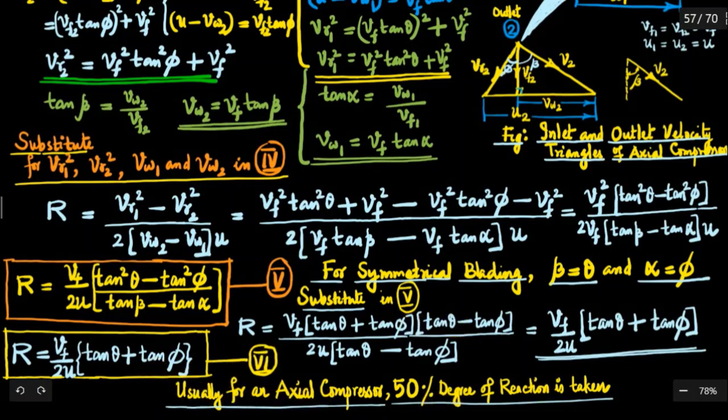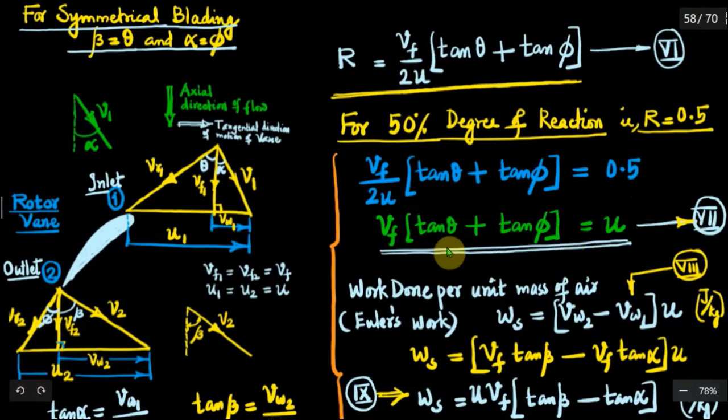Now we will consider 50% degree of reaction that is usually used in the context of the axial flow machines. So R is equal to Vf by 2u into tan theta plus tan phi. 50% degree of reaction, R is equal to 0.5. So that is Vf divided by 2u into tan theta plus tan phi is equal to 0.5. So just cross multiply and obtain a relation for u in terms of Vf. So you can connect the two important velocities.